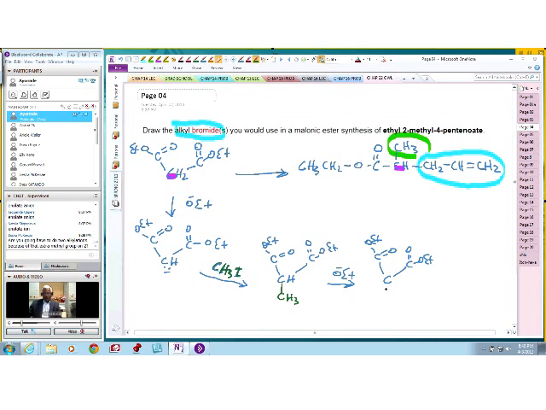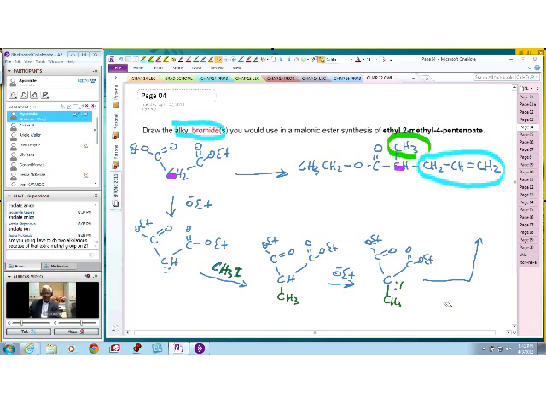Now we have this methyl here. Now the enolate anion is here because we removed this proton here. So at this point we are going to introduce this other alkylating agent right here.